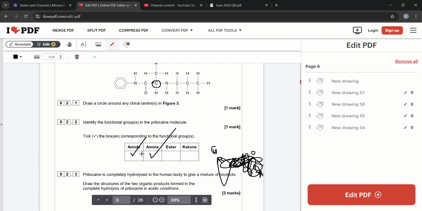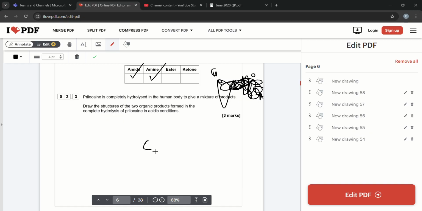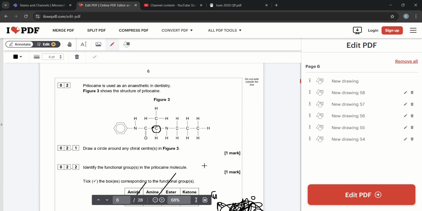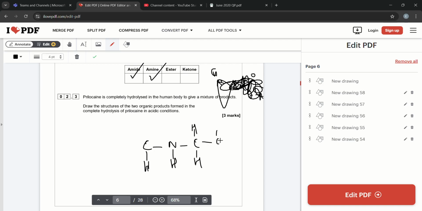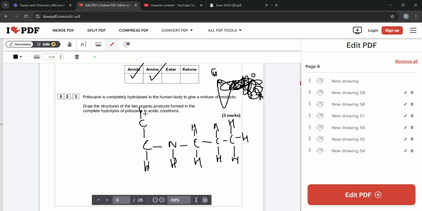And so what's going to happen is we're going to have our normal molecule, so CH, NH, CH, H, and then the NH, and then the CH, which is attached to obviously a methyl group, CH3.